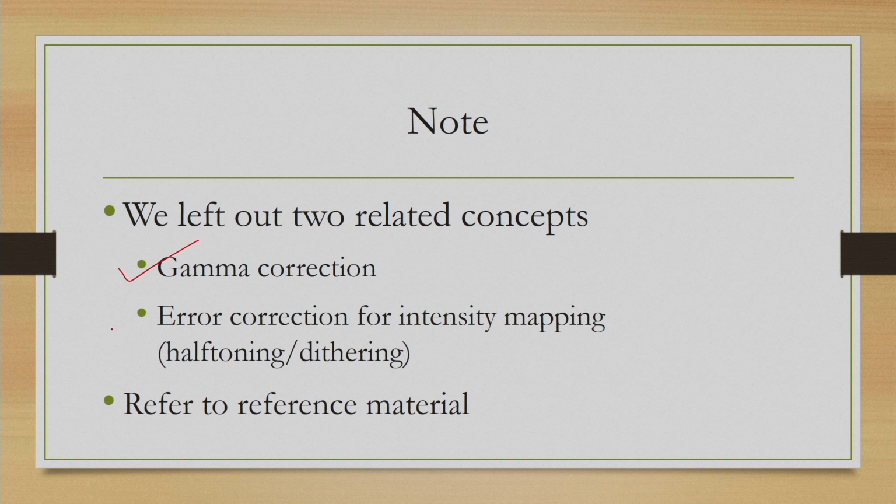One is gamma correction, the other one is error correction for intensity mapping through half toning or dithering methods. However, we will not go into the details of these methods. The basic idea is that using these methods we can reduce the effect that arises due to the introduction of mapping errors, the difference between the computed intensity and the intensity that we represent and store in the frame buffer. If you are interested, you may refer to the material that will be mentioned at the end of this lecture.